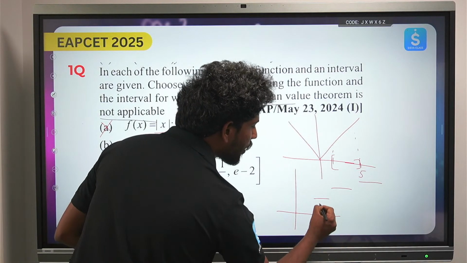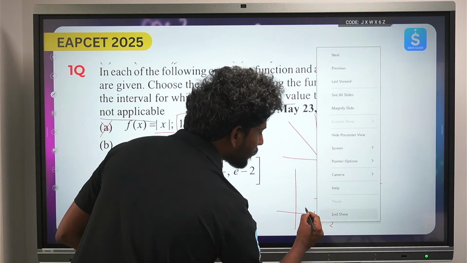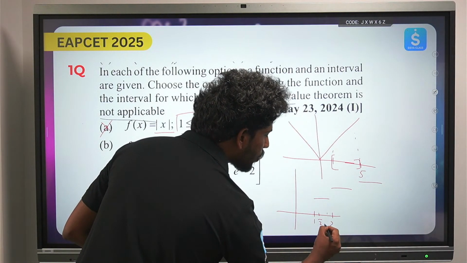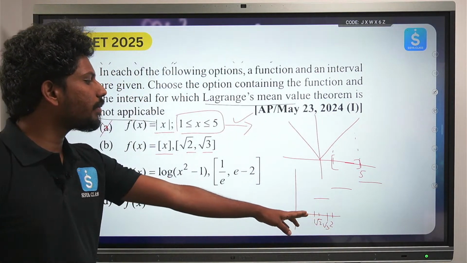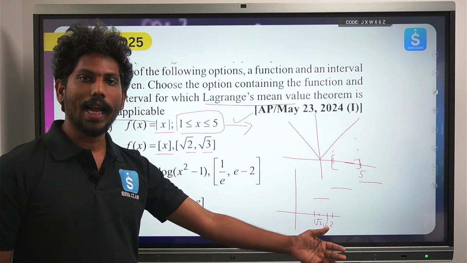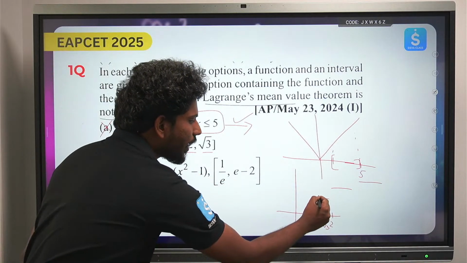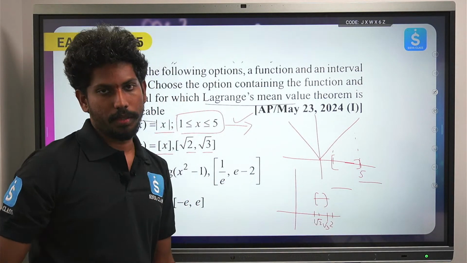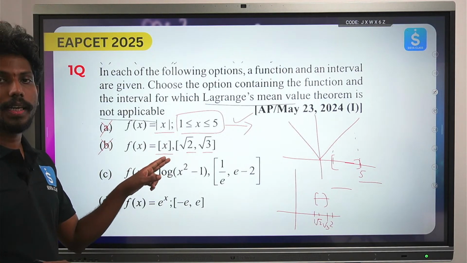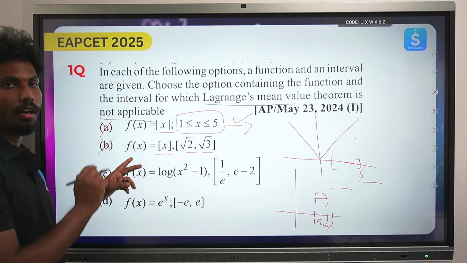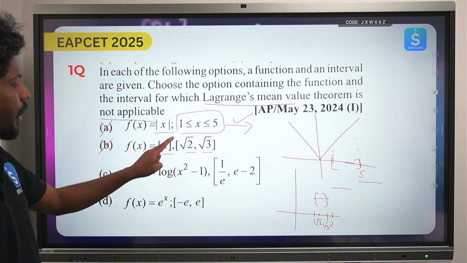Between 1 and 2, here somewhere √2 lies, and here somewhere √3 lies. The values between √2 and √3 are continuous as well as differentiable. So here still we can apply Lagrange theorem. Since he says not applicable, I am crossing this out. So here also we can apply.